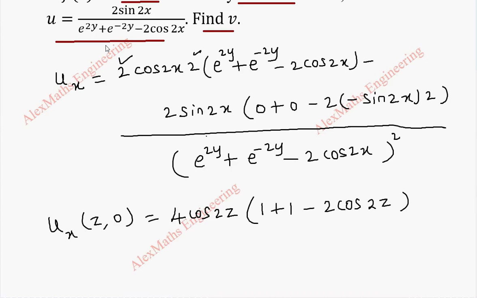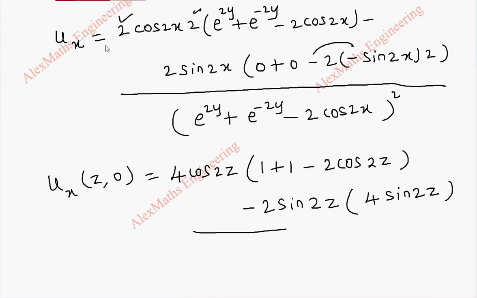And here we already have minus 2 sine 2z, and these two minus will become plus, and there is a 4. So plus, sorry, it is with the product, so into 4 sine 2z, and whole division, in the denominator, this is 1 plus 1 minus 2 cos 2z whole square.